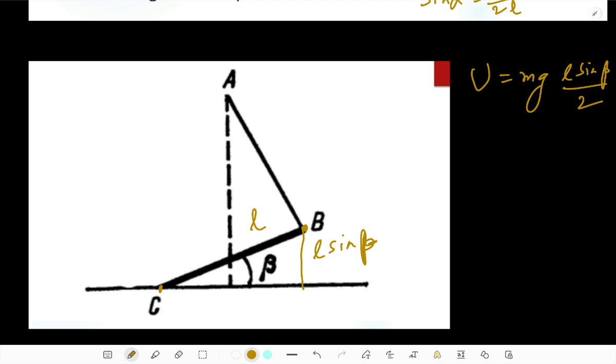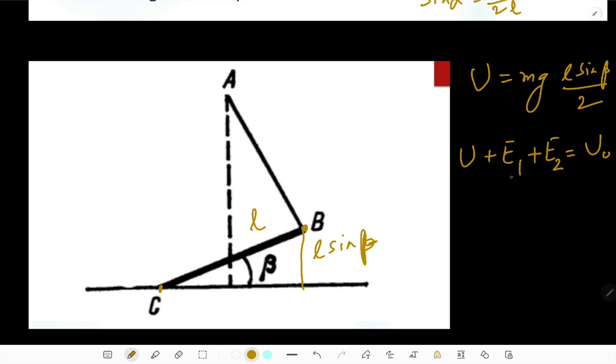And I guess there are two kinds of kinetic energy involved in this problem: translational kinetic energy and rotational kinetic energy of the stick at this moment. So according to the law of conservation of energy, I should write that the potential energy at any arbitrary moment plus the translational kinetic energy of the stick plus the rotational kinetic energy of the stick will be equal to the initial total mechanical energy of the rod.